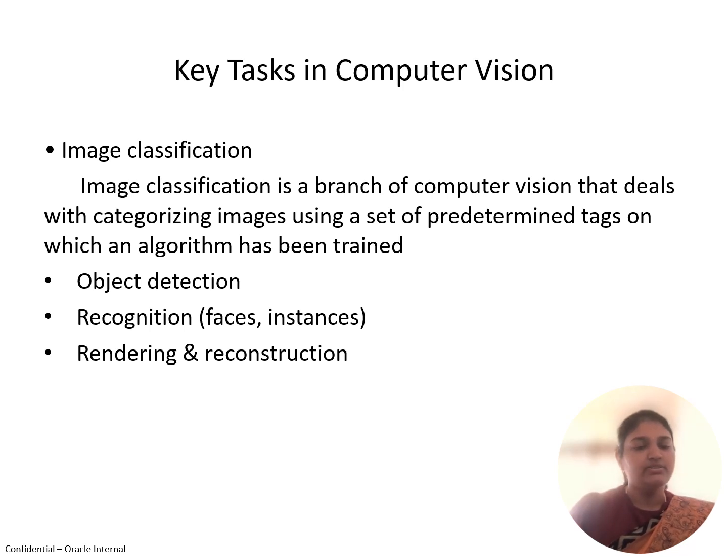The next one is recognition, where in a video or a photo image, we can find the faces, animals, or other instances available. That is used in recognition. Next is rendering and reconstruction.